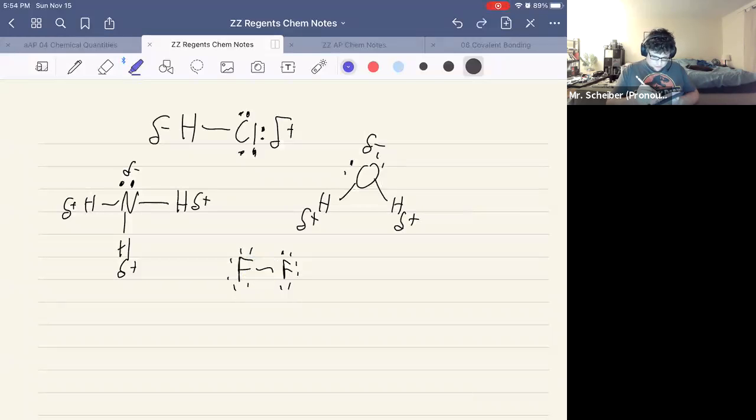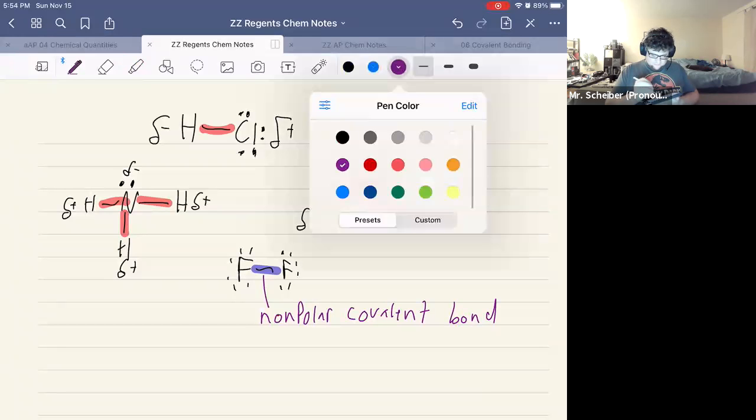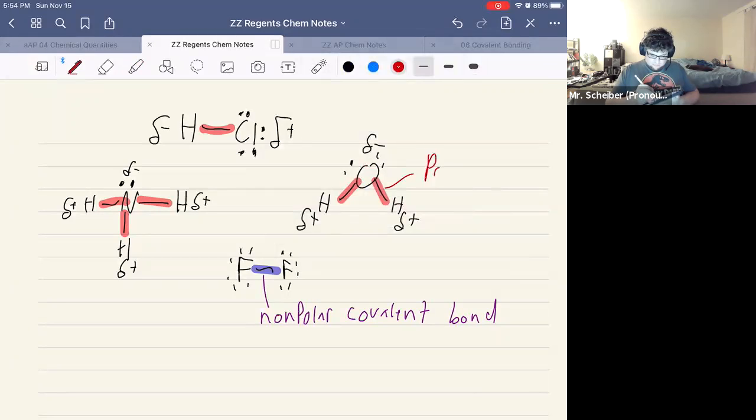Here is one type of bond, and we're going to call that a non-polar covalent bond, whereas most of these bonds up here, that one, this one, this one, that one, that one, these are all examples of polar covalent bonds.